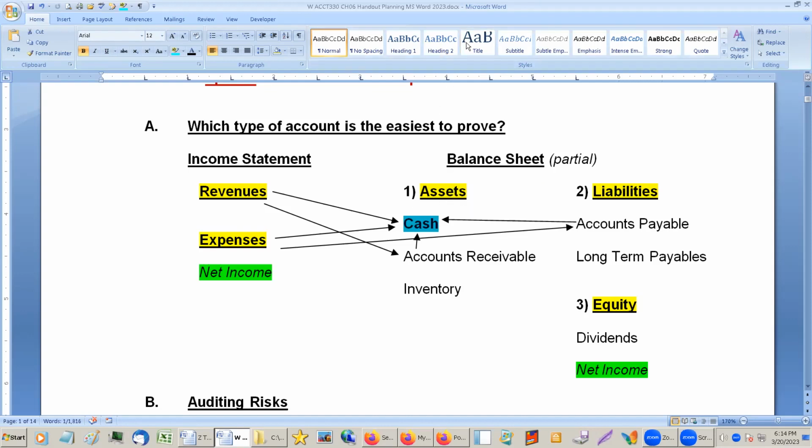There's another great thing about cash, and that's one of the reasons why it's very important: for many businesses, you actually can audit cash at 100%, which is not true for a lot of things. Inventory for a large company, you can't do it 100%, it's just impossible. But if a company has 500 bank accounts, you can get 500 bank statements.